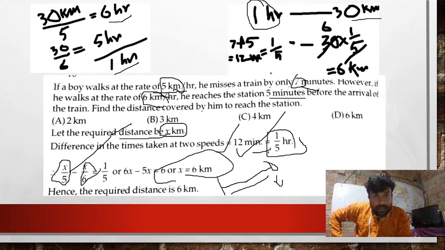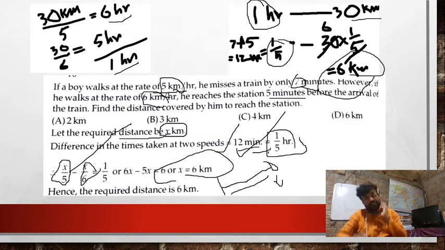But what is the actual difference? 12 minutes, that means 1 by 5 hour. So the actual distance will be 30 into 1 by 5, so 6 kilometer.